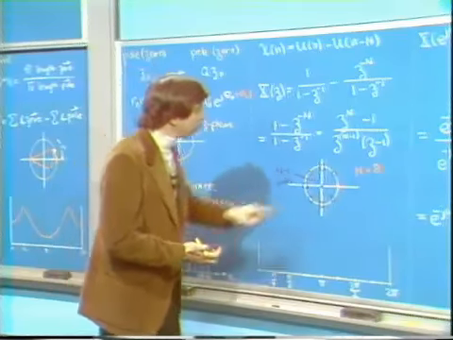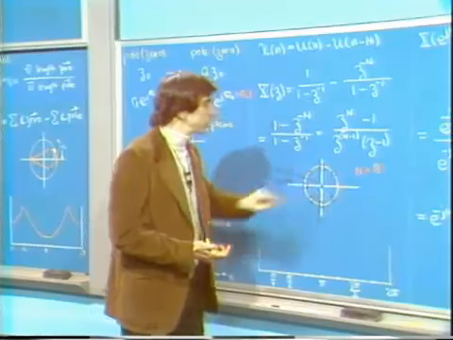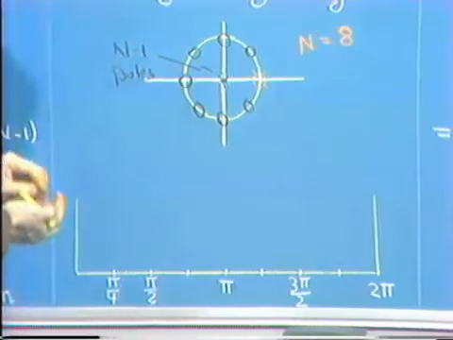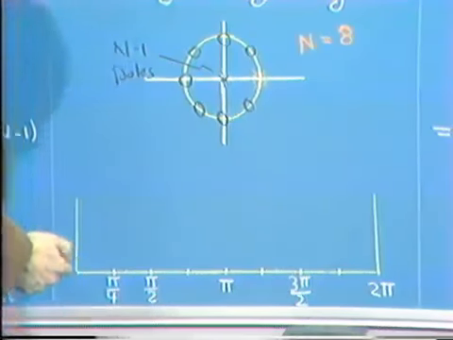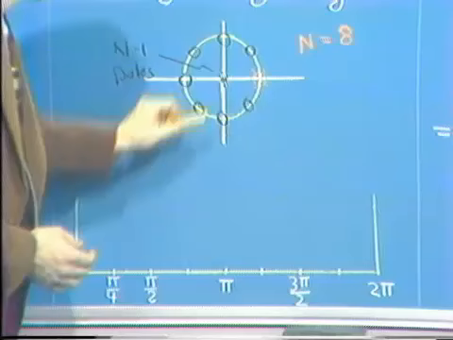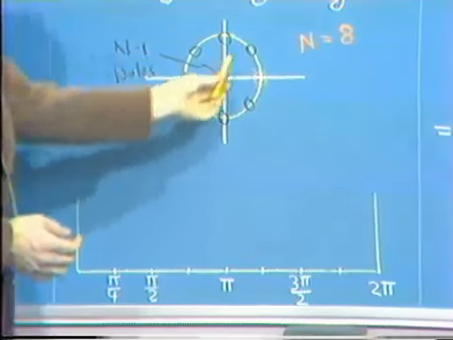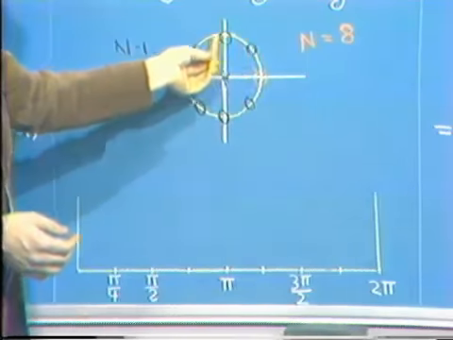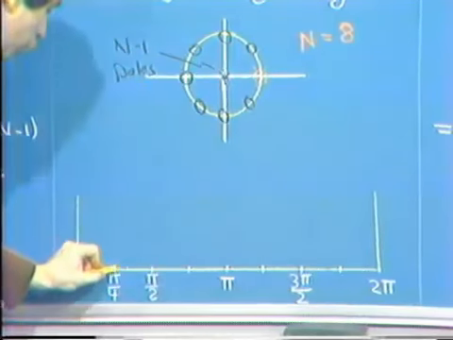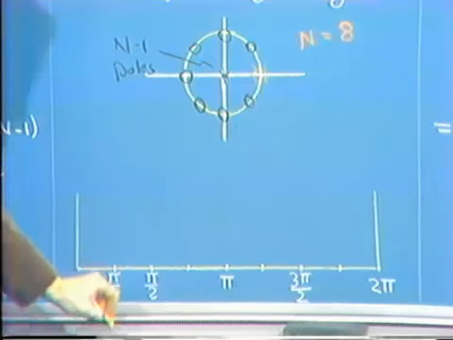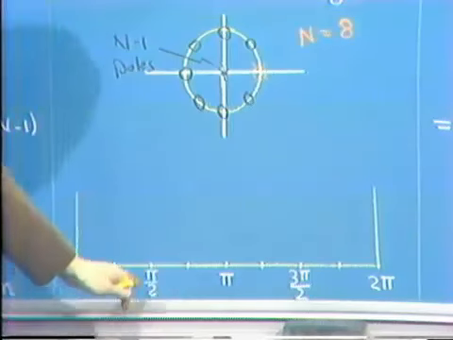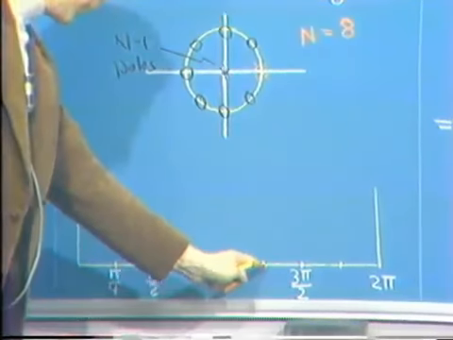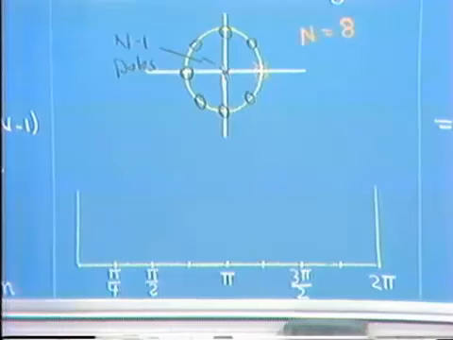And so for the magnitude, we only need focus on the zeros. Well, one thing is obvious, and that is that as we go around the unit circle, the frequency response is obviously 0 when we hit each one of these zeros. That corresponds to pi over 4, pi over 2, pi over 2 plus pi over 4, whatever that is, pi, and the next increment of pi over 4, etc.